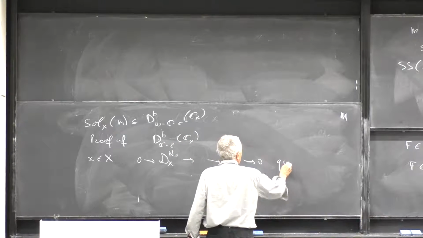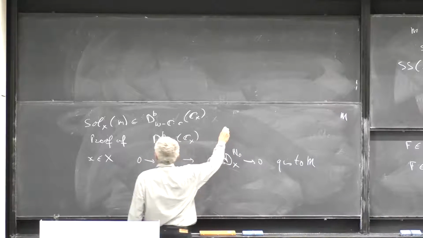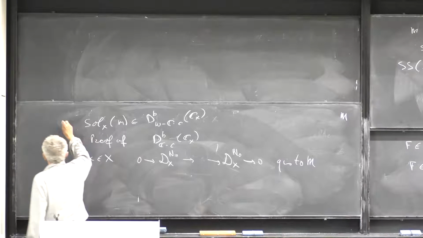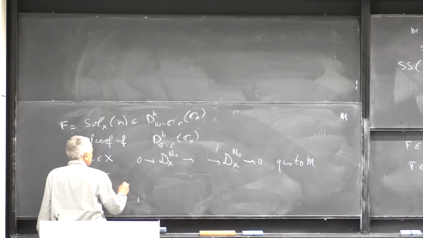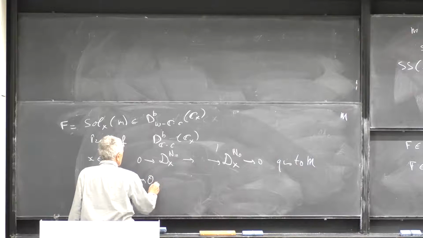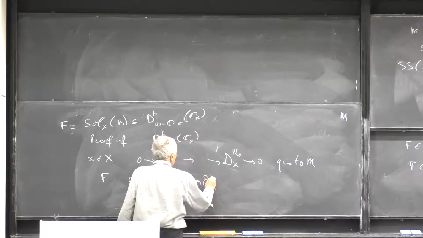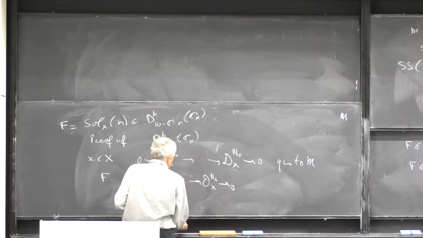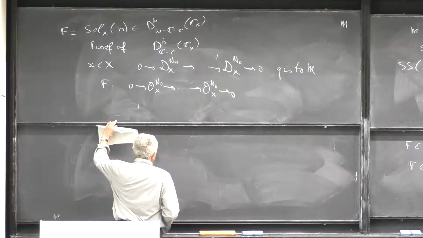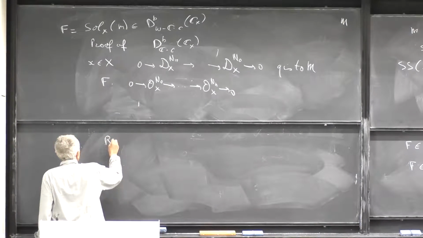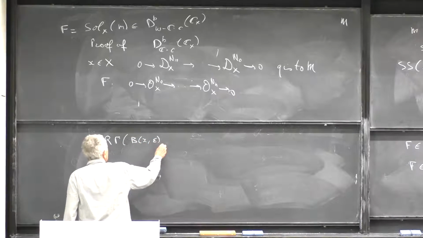This is a quasi-isomorphism to M. Let's denote it by F for short. So the complex of solutions is 0, then O_X^{N_0}, up to O_X^{N_n}, 0. So let's calculate the global sections on B_x.